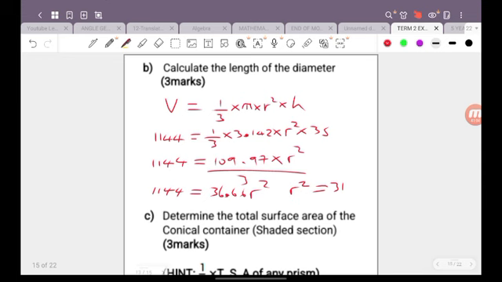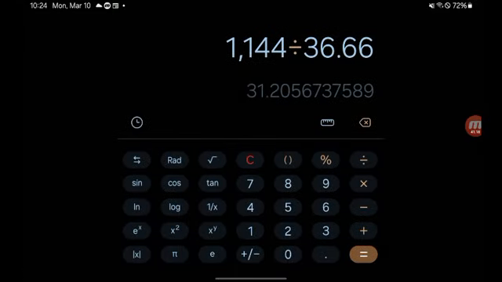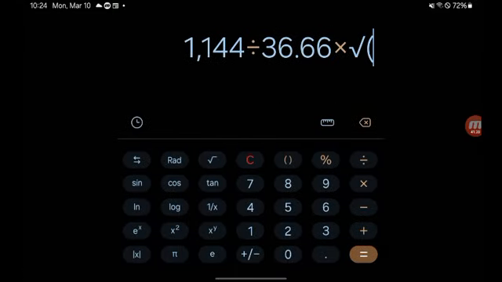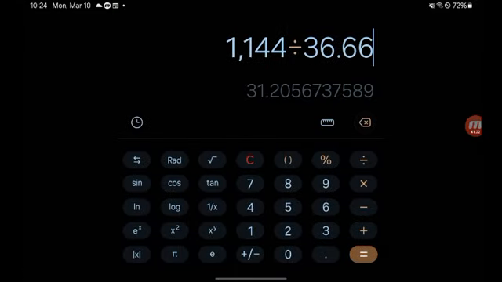In order for us to find d, we need to find r, so we're going to take the square root of 31.2.